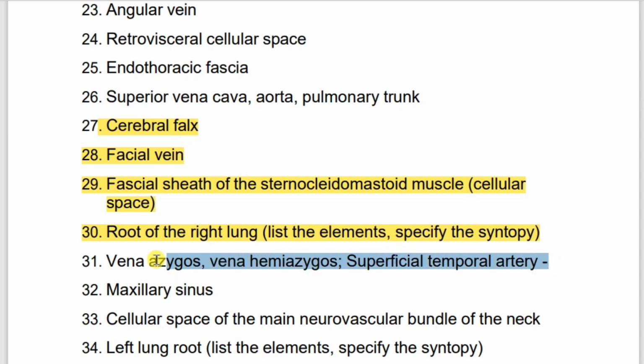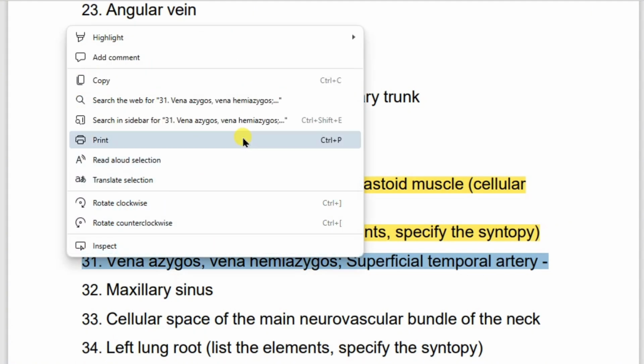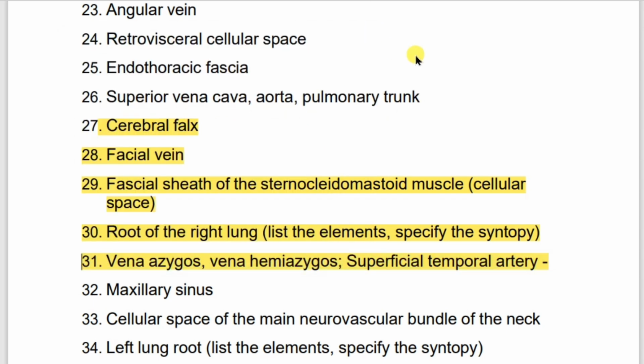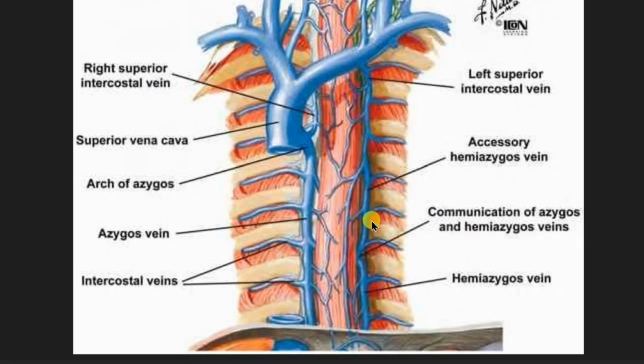Azygos vein, hemiazygos vein, and superficial temporal artery. Where can we find it? We can find it in the thoracic region. So guys, this is the thoracic region. Here you can see this is the azygos vein, and on this side it's the hemiazygos vein.